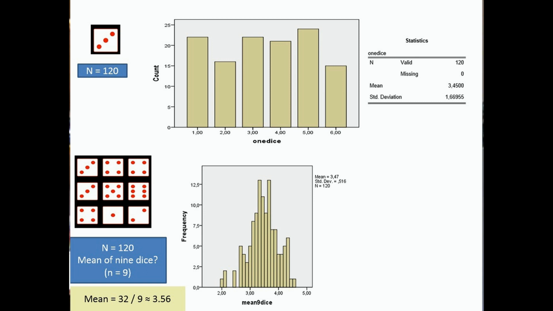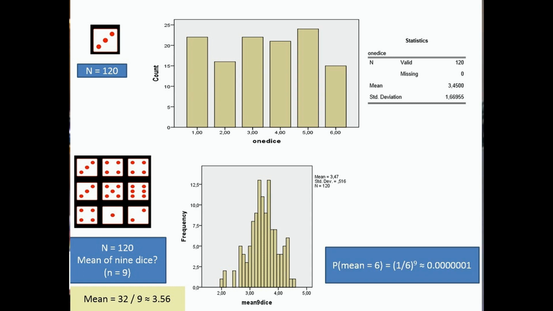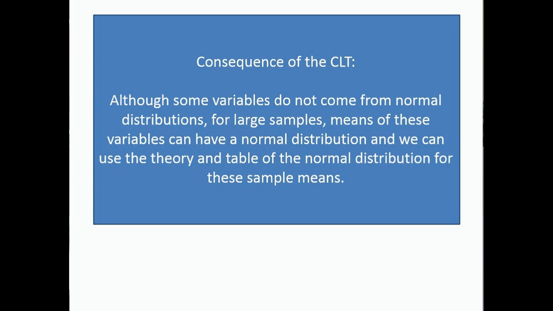How come? Well, the probability of finding a mean of 6 dots is the probability of finding 9 times a 6. And this probability is very, very small. It didn't happen in the 120 trials I did. So, what's so important from this?